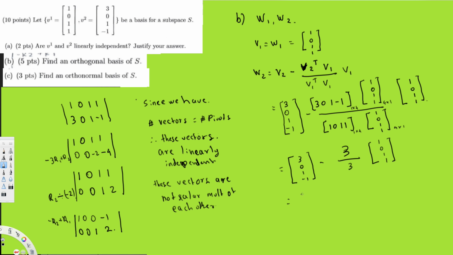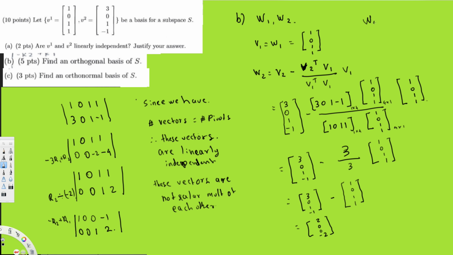So it's going to be 3 0 1 minus 1 minus 1 0 1 1. If I subtract this one, I will get 2 0 0 minus 2. So this is the orthogonal vector for W1.